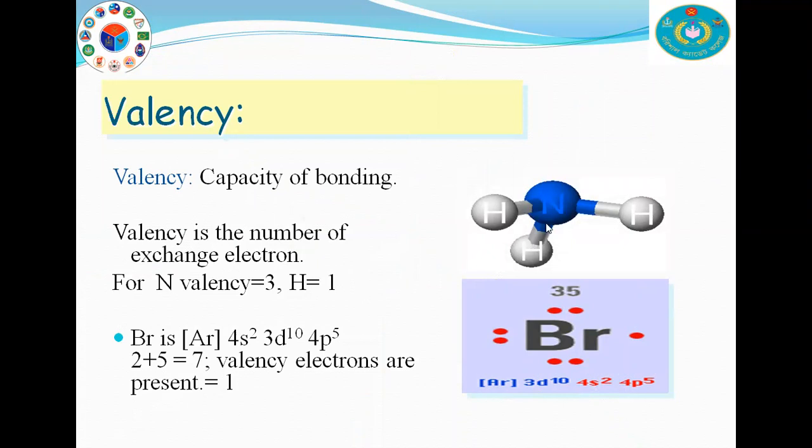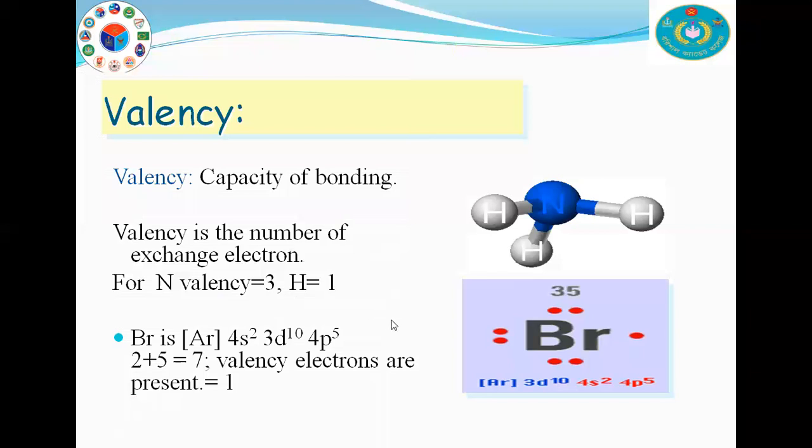So the valency of nitrogen is 3 and hydrogen is 1. Hydrogen is a univalent element and nitrogen is a trivalent element. So the capacity of bonding an atom with other univalent elements is called its valency.